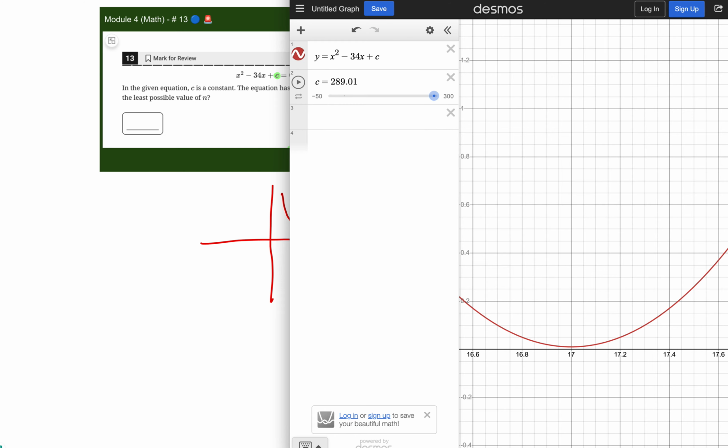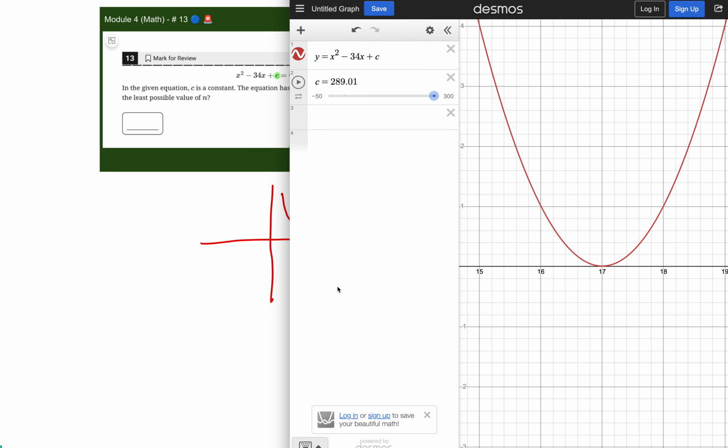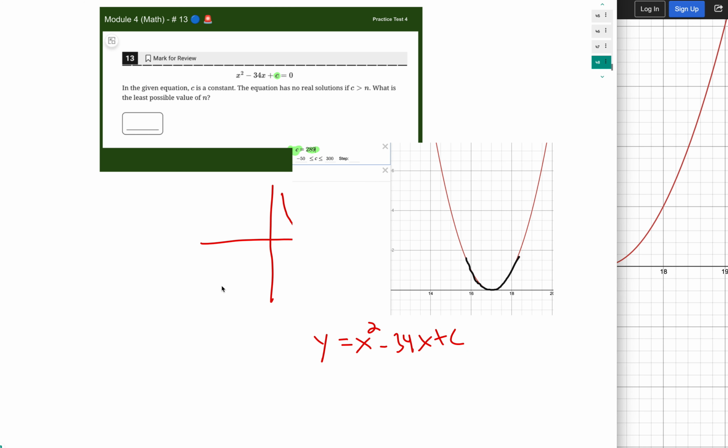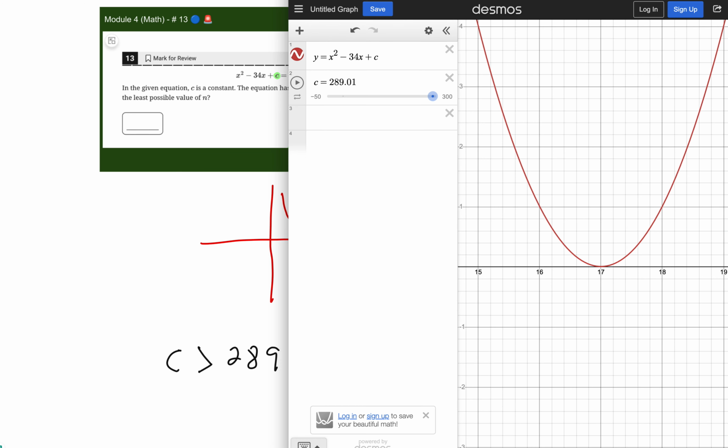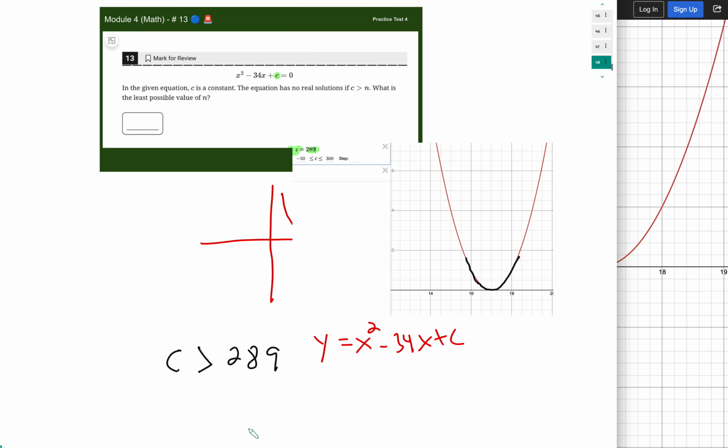So that means C has to be greater than 289 in order for there to be no solution. So if C is greater than some number n, well, that number n has to be 289. So the answer is 289.